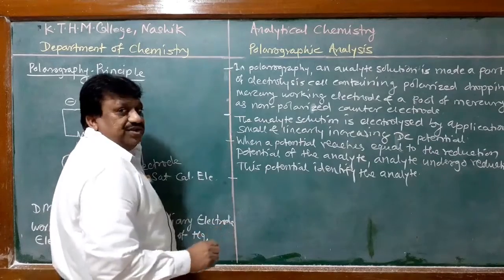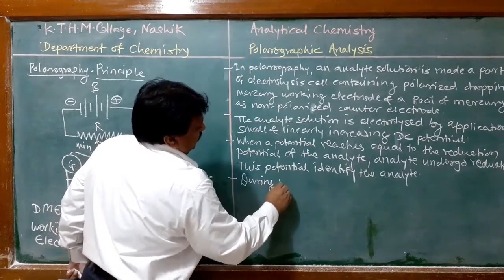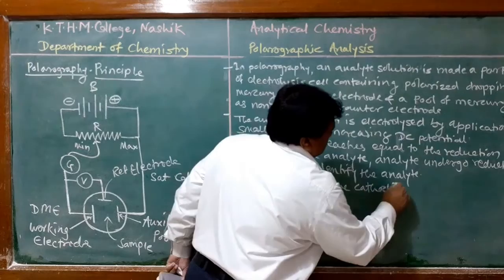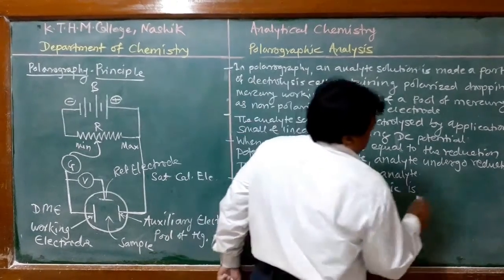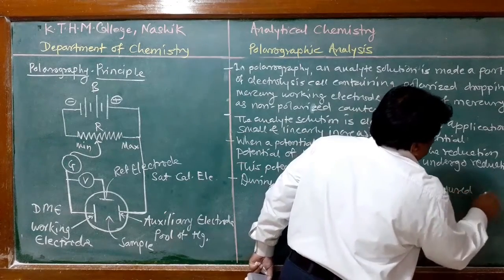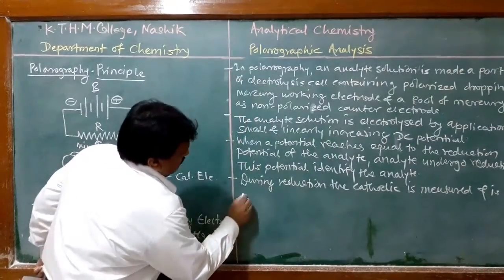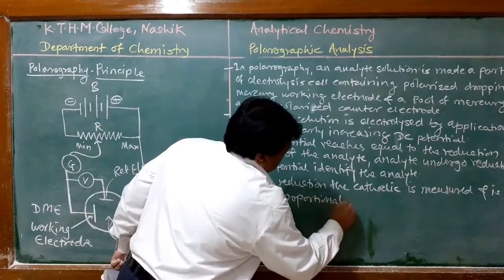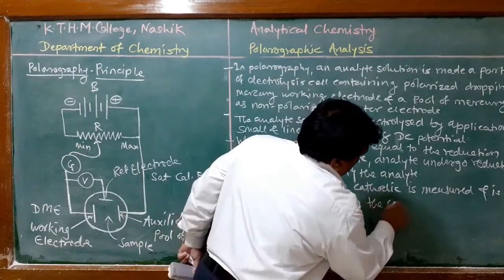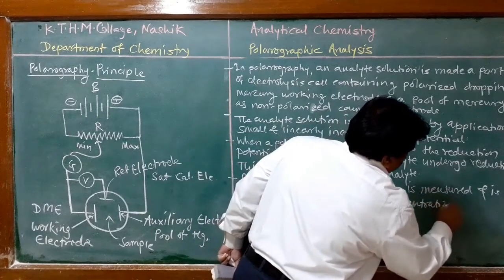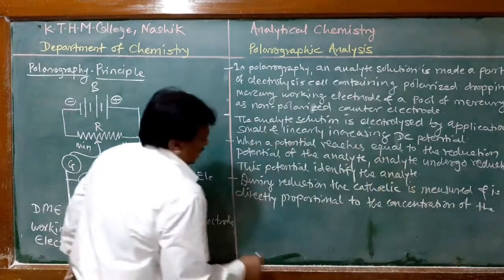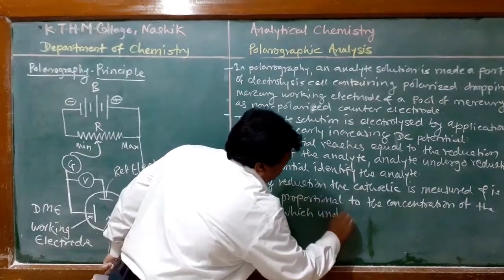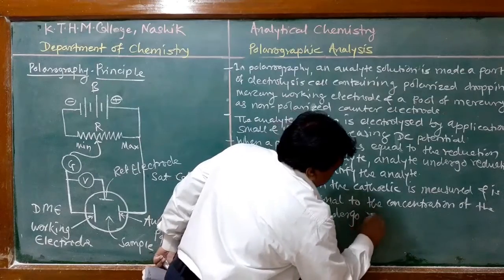During reduction, the cathodic current is measured and is directly proportional to the concentration of the analyte which undergoes reduction at the working electrode.